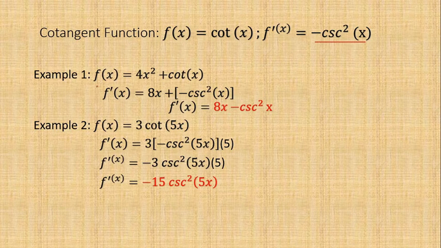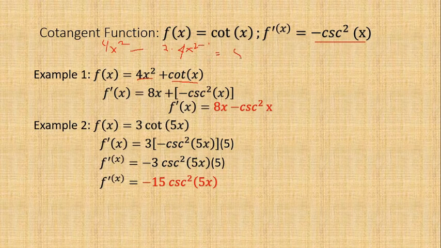So, using this example, f of x is equal to 4x squared plus cotangent x. Ang i-derive natin ito, bawat term. Using the constant multiple rule, 4x squared ay magiging 2 times 4x, kasi 2 minus 1.